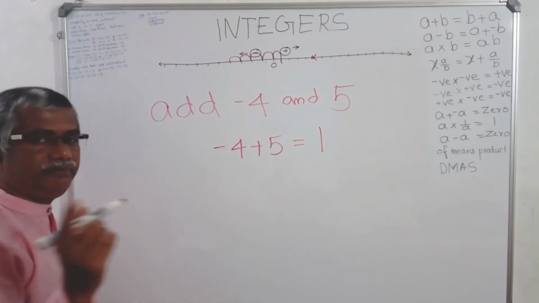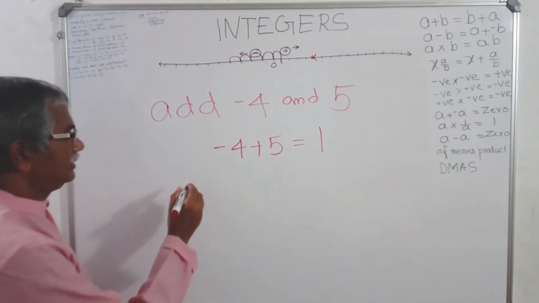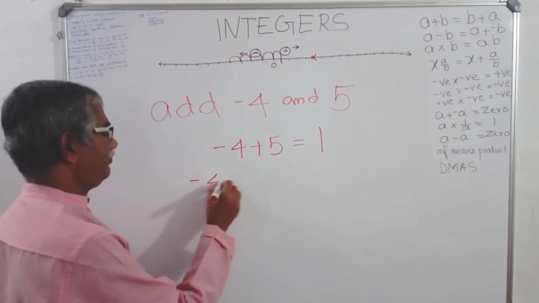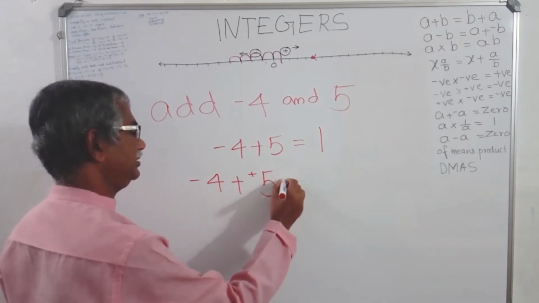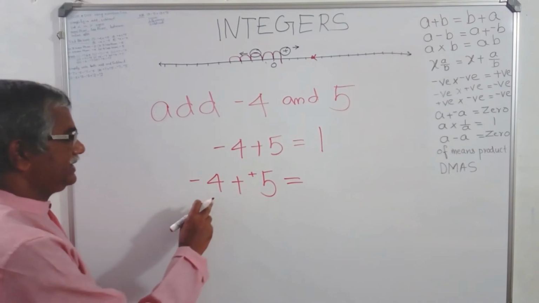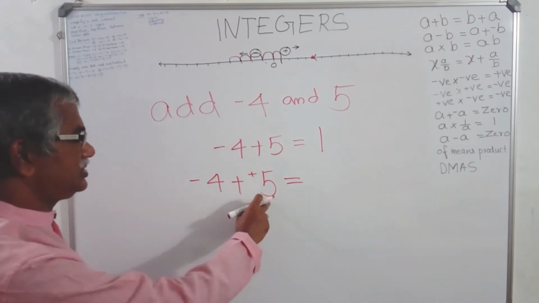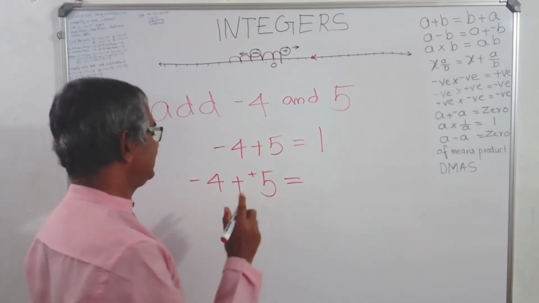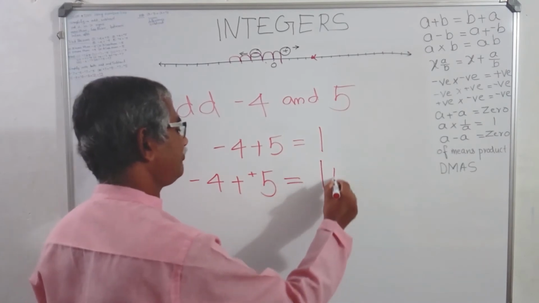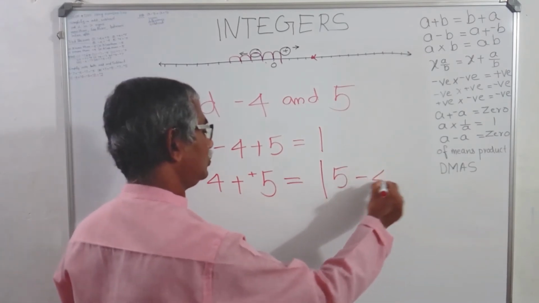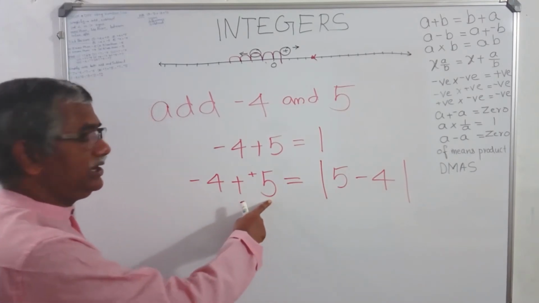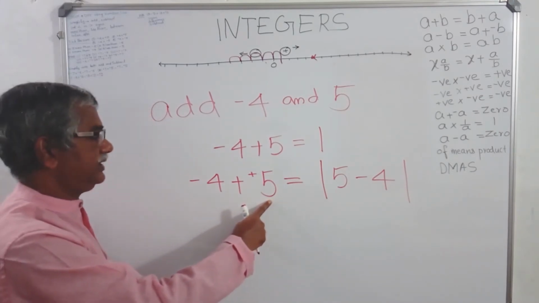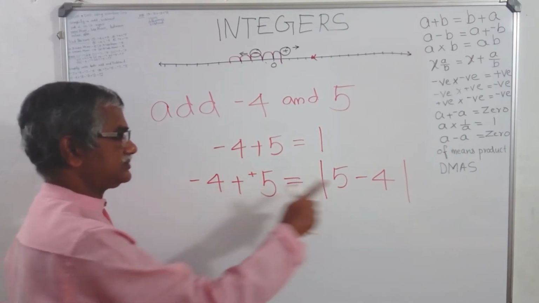So yesterday we learned -4 plus +5, which means one is negative, the other is positive. So we are taking the difference of absolute values. The absolute value of 5 is 5, of -4 is 4.